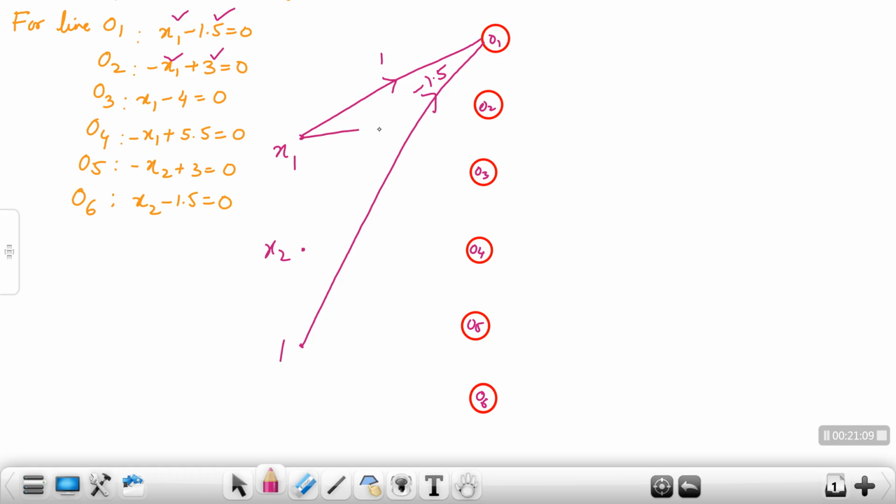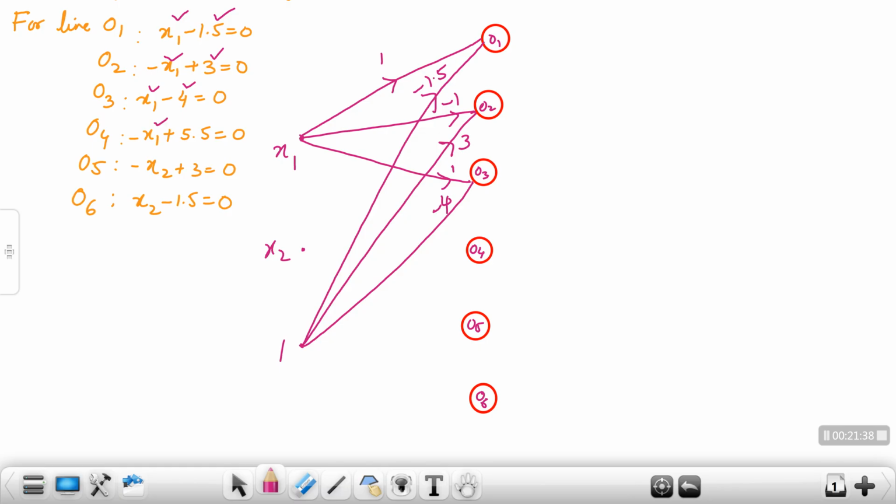So X1, when it goes here, the weight has to be minus 1, and from the bias the weight has to be 3. Am I clear? Next we go to O3. O3 is X1 minus 4. So for X1 the weight is 1, and here the weight will be minus 4.